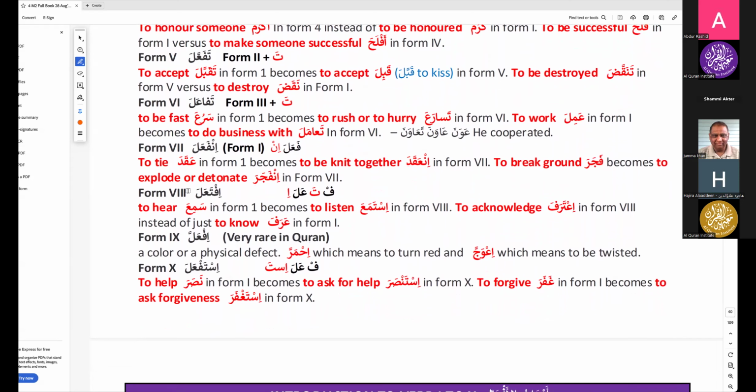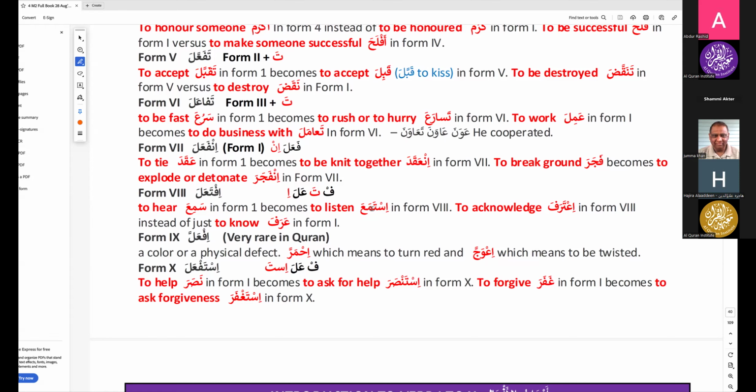Form 8, ifta'ala. Now here you can see there's ta added after fa, and the fa now got a sukoon. All right. And alif is added before that. Ifta'ala. Okay. Sami'a becomes istama'a. To listen.